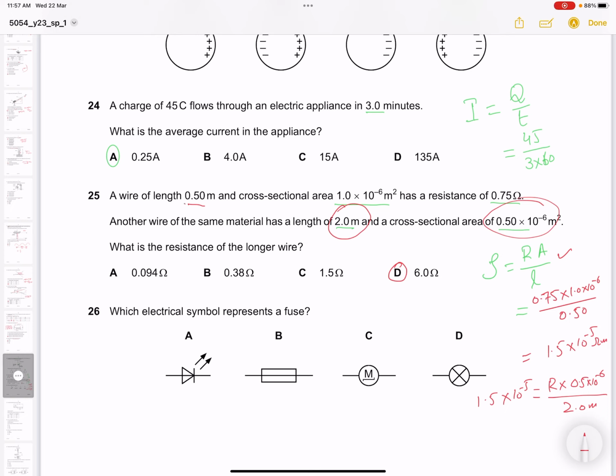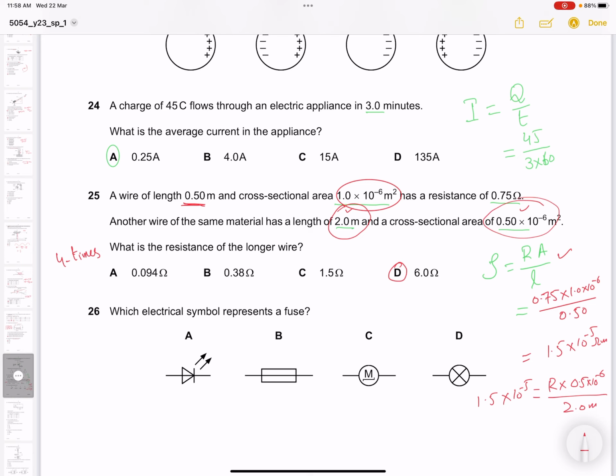So look, the length of wire was 0.5 meter. It has become 2 meter. It means length has increased 4 times. So resistance will increase 4 times because of length. And cross-sectional area was 1 multiplied by 10 power minus 6 earlier and now it is 0.5. So cross-sectional area has become half.